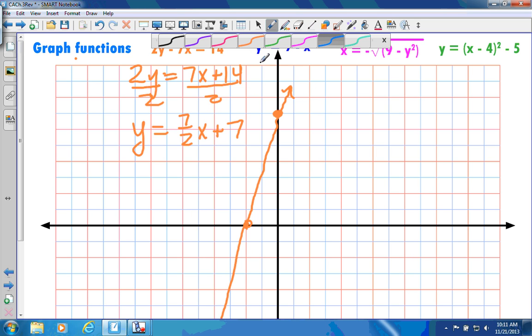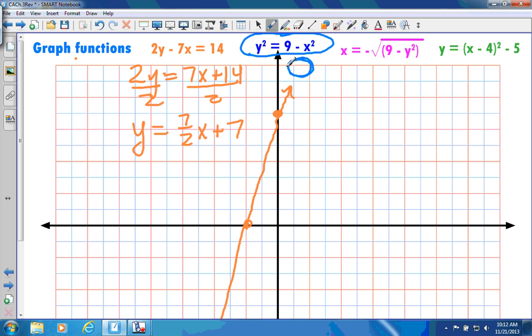All right. This one here, what type of figure is it? It is not a parabola, because both things are squared. It is not a V. It is a circle completely.